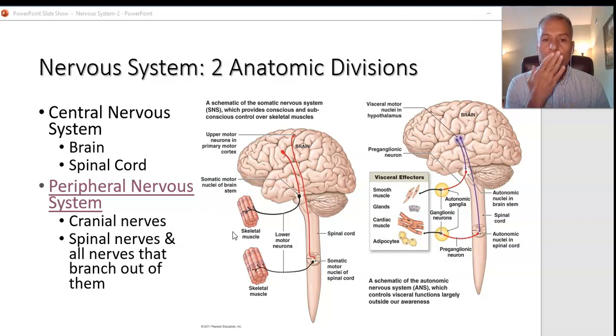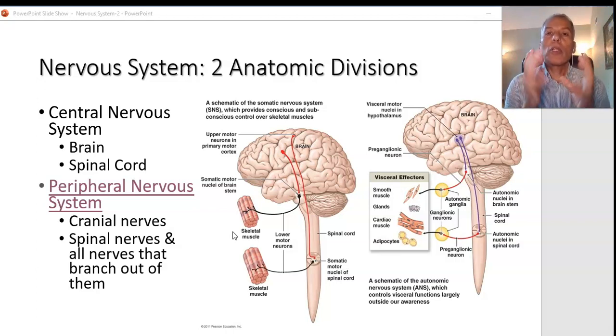So the brain and the spinal cord make up the central nervous system, and they are continuous with each other. So the brain is like the tail of an animal, connected with the rest of the body. Then the periphery means the outer edges.